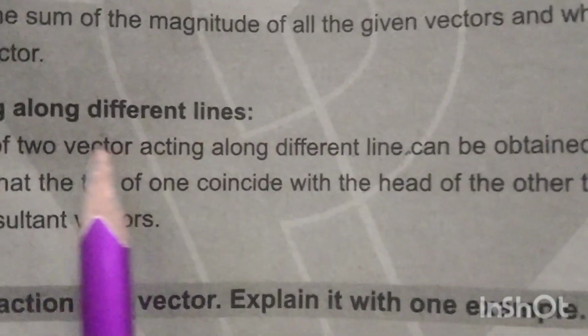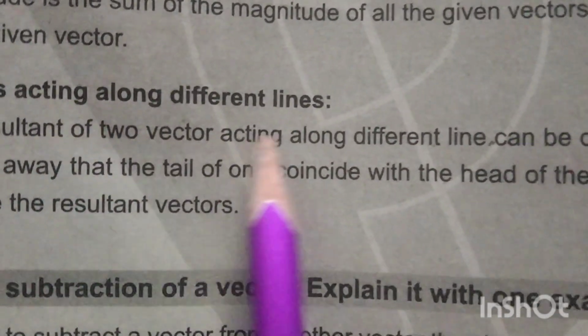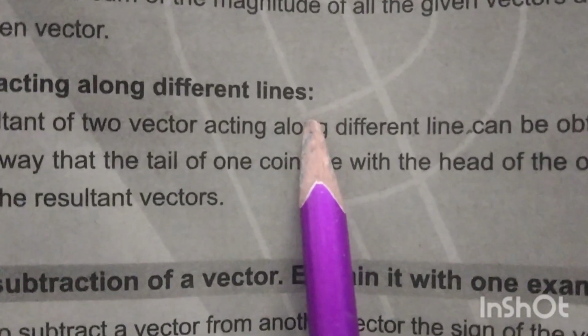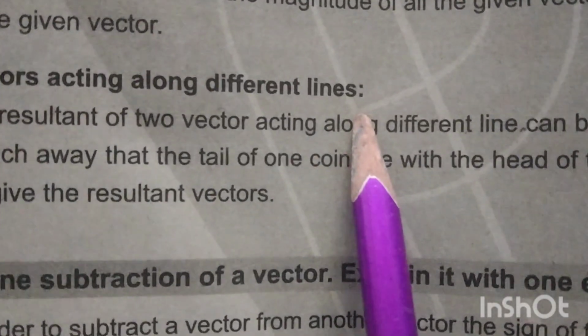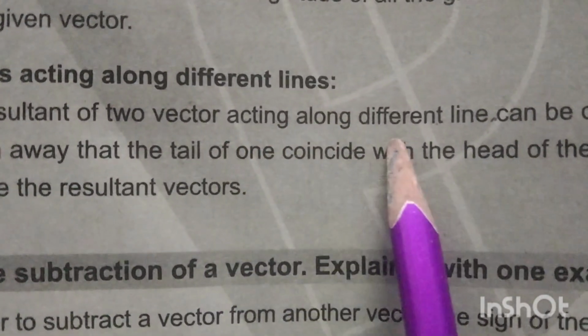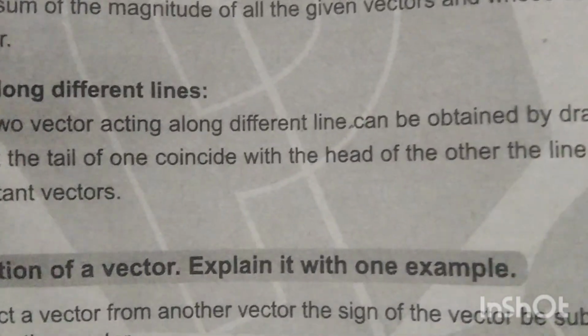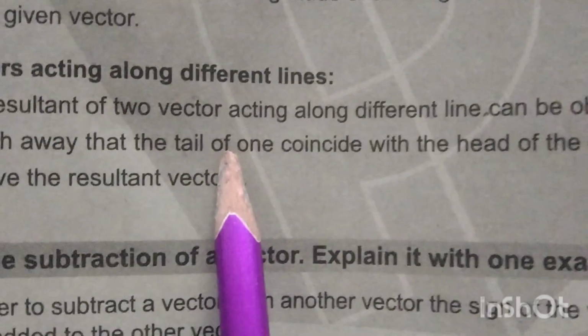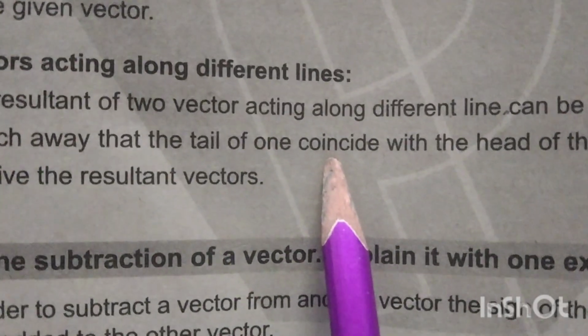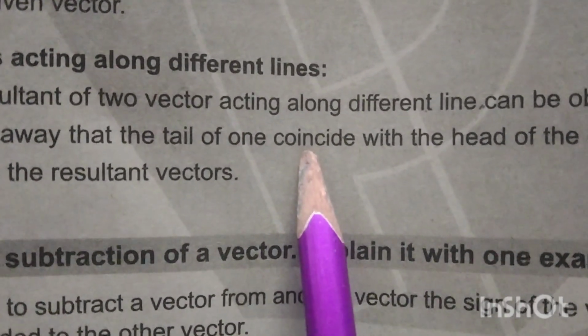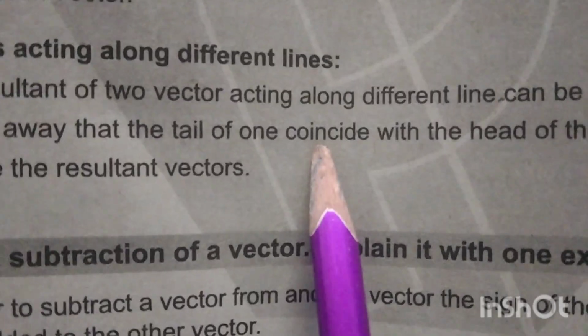Now what happens when the vectors are acting along different lines? For the resultant of two vectors acting along different lines, they can be added by drawing easily. The head to tail rule will be applied on them, but their addition will be different. How can they be added?